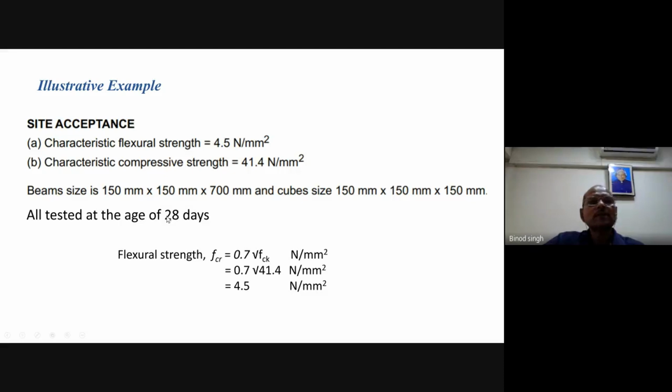Beam size is 150 by 150 by 700, and cube size is 150 by 150 by 150. Because in India generally, if our nominal maximum size of aggregate is around 20 mm, then 150 by 150 by 150 size is enough. All have been tested at 28 days. We have 0.7 into root FCK, which gives around 4.5 Newton per mm square. So this is the requirement.